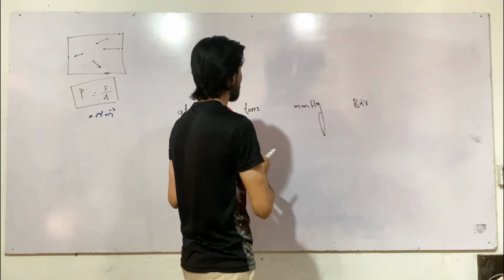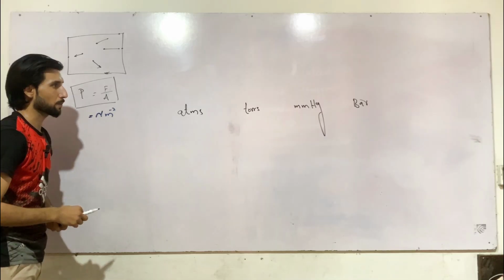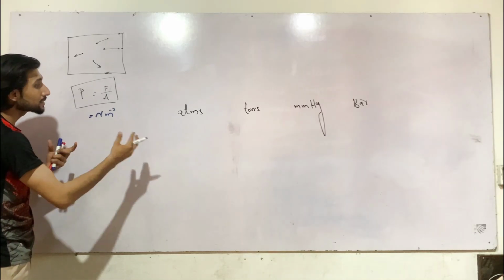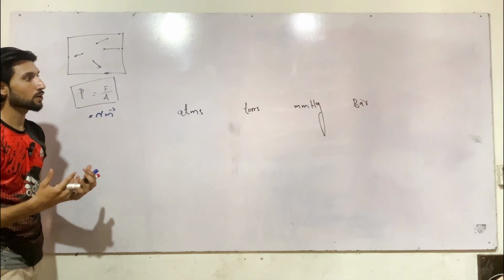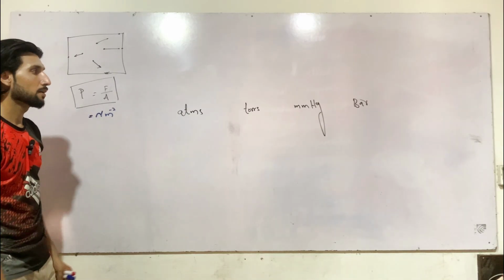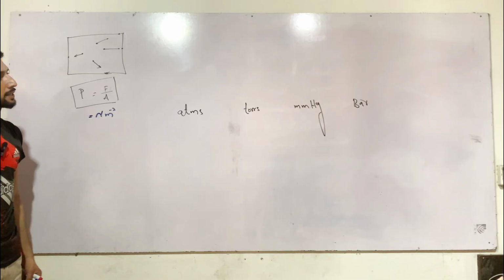So all these are different units for our pressure. What is the relation between Newton per meter squared, atm, torr, millimeter of Hg, and bar? How are they related to one another?